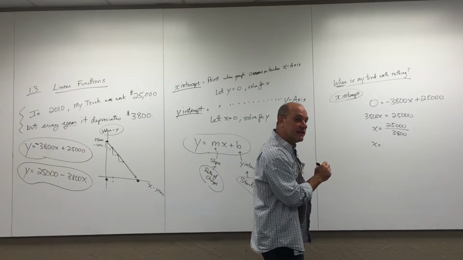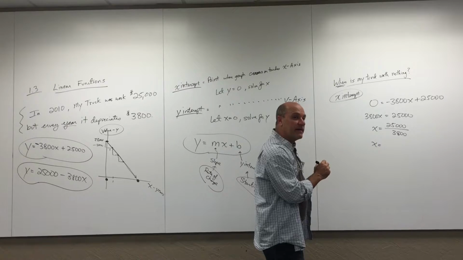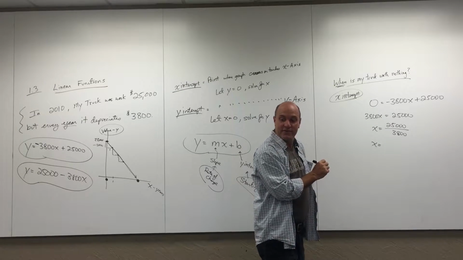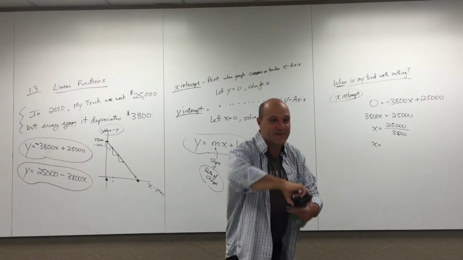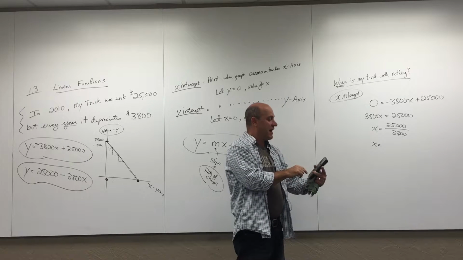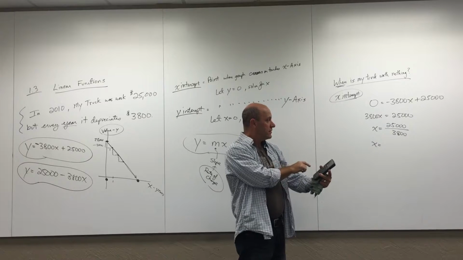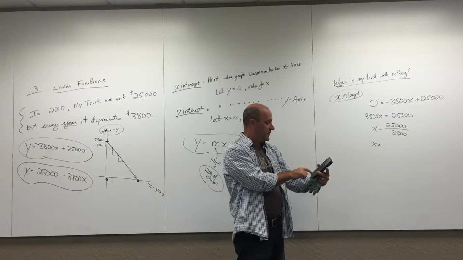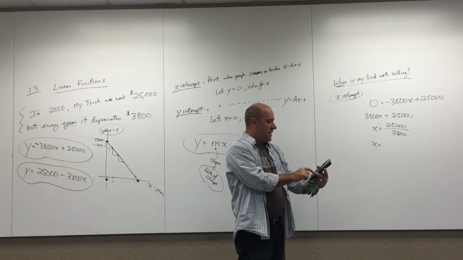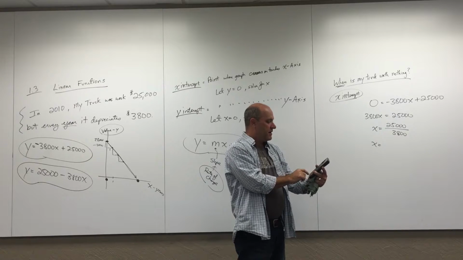What did you say? Is she right? Well, you need a calculator. I would call it 6.6 if what you said is true. You're probably right. 25,000 divided by 3,800.